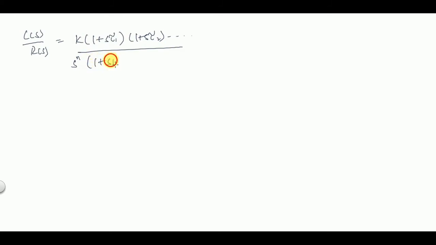So we have seen the transfer function in time constant form is (1 plus s tau 1)(1 plus s tau 2), and so on, divided by s power n into (1 plus s tau a)(1 plus s tau b), and so on.